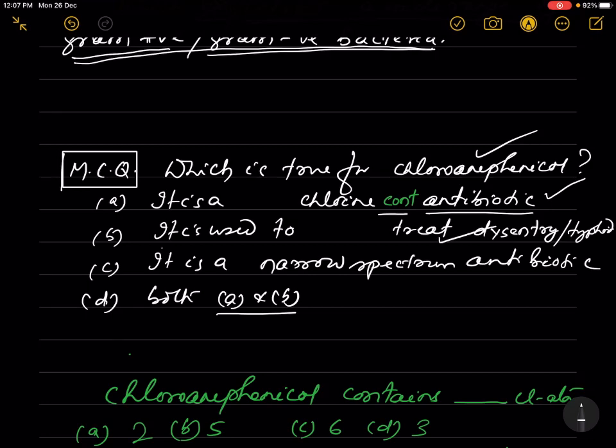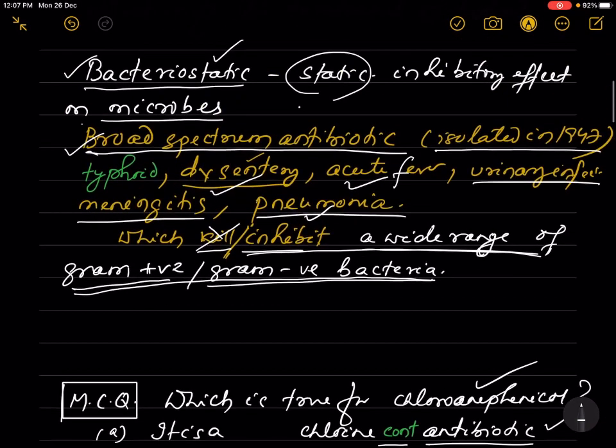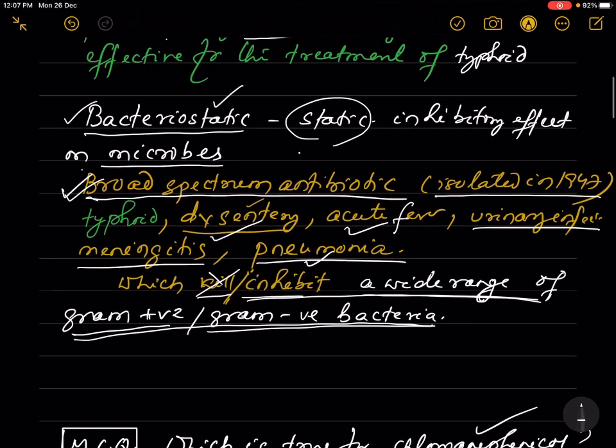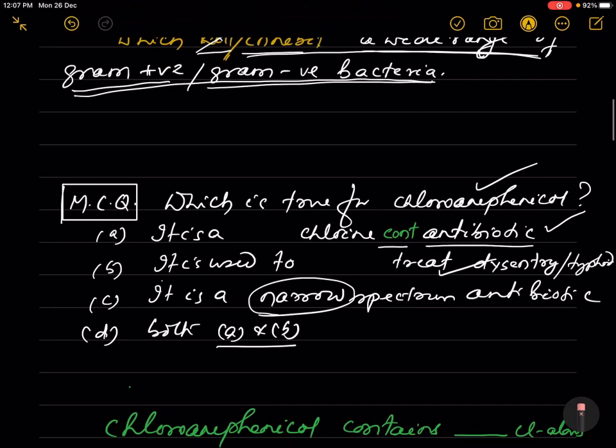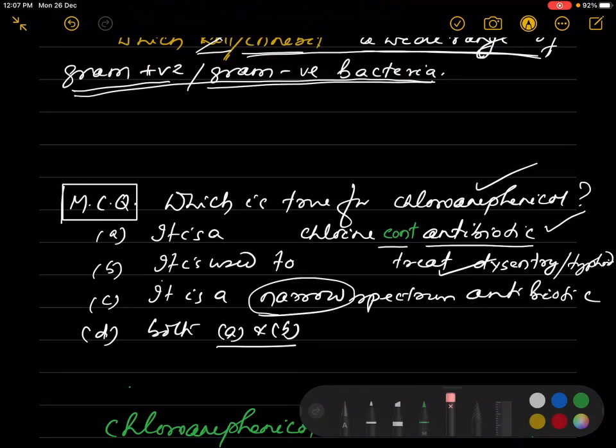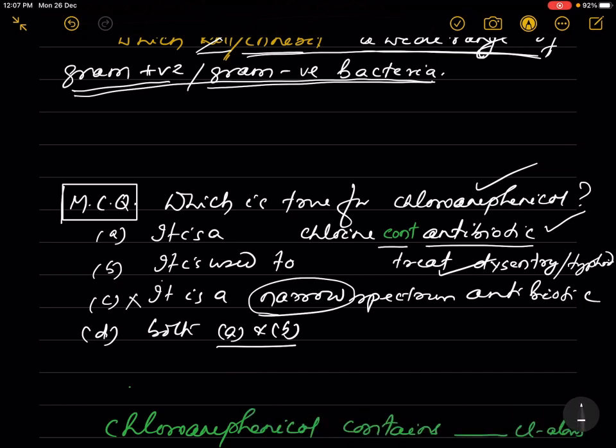It is correct, but it is not a narrow spectrum antibiotic. It is a broad spectrum antibiotic that I told. So this option is not correct. Both A and B are correct, but for an MCQ we have to give a single correct option, so the most appropriate answer is D.